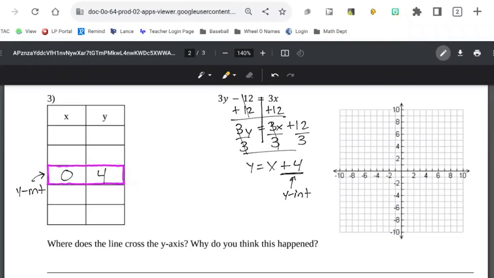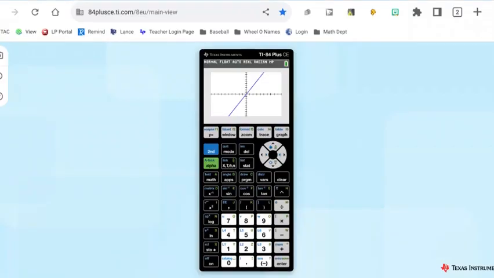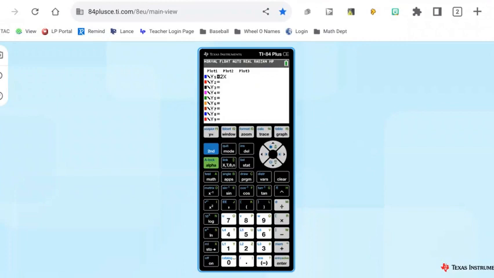Okay, let's go to our calculator. Go back to y equals, clear it out, and now we're going to enter this equation, which is just x plus 4. Hit second, hit graph, and we take a look. Our y-intercept is 0, 4. Then we have -1, 3, -2, 2.